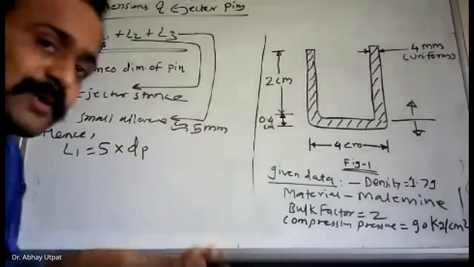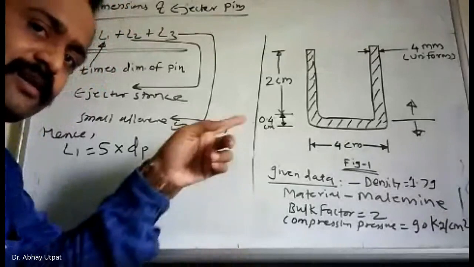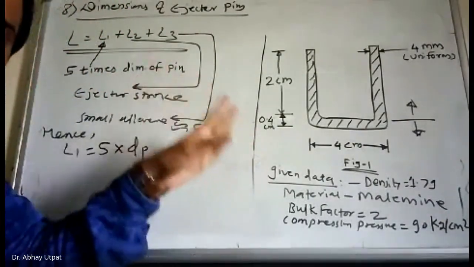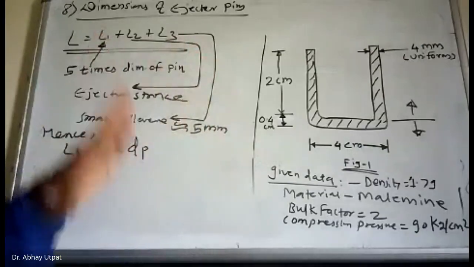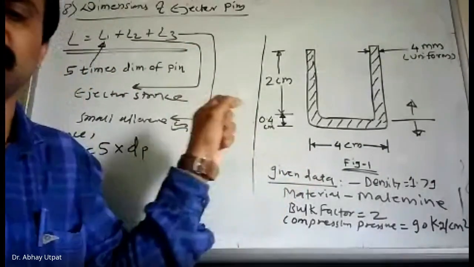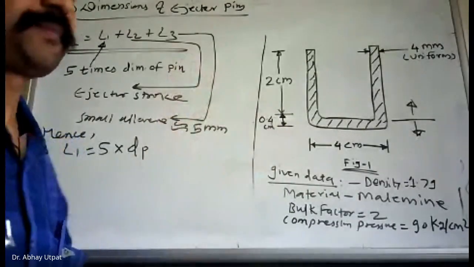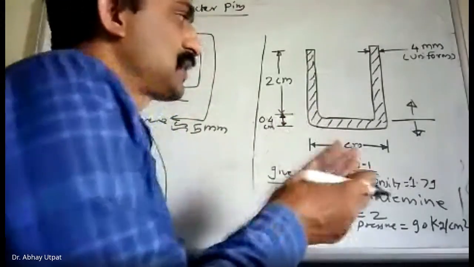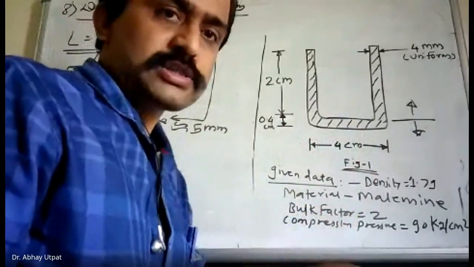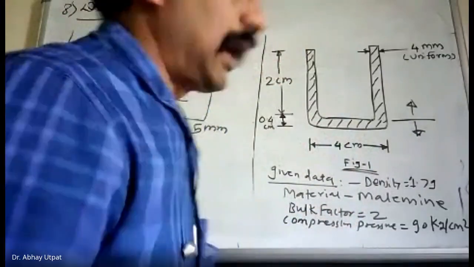Now where is diameter of pin? You have to see the figure and approximately you have to consider the diameter of pin, either equal to or very little less than the edge thickness. If you see this component, imagination is required how it is to be removed.